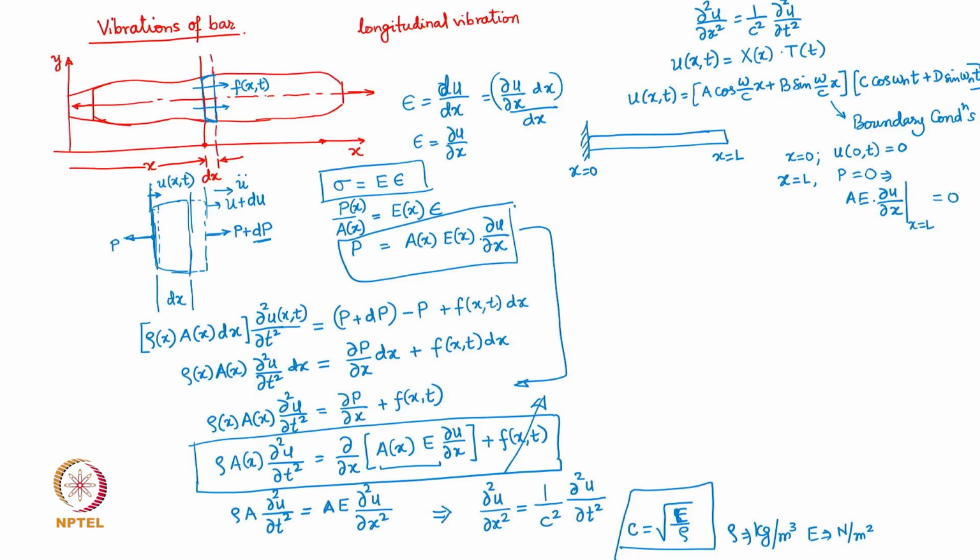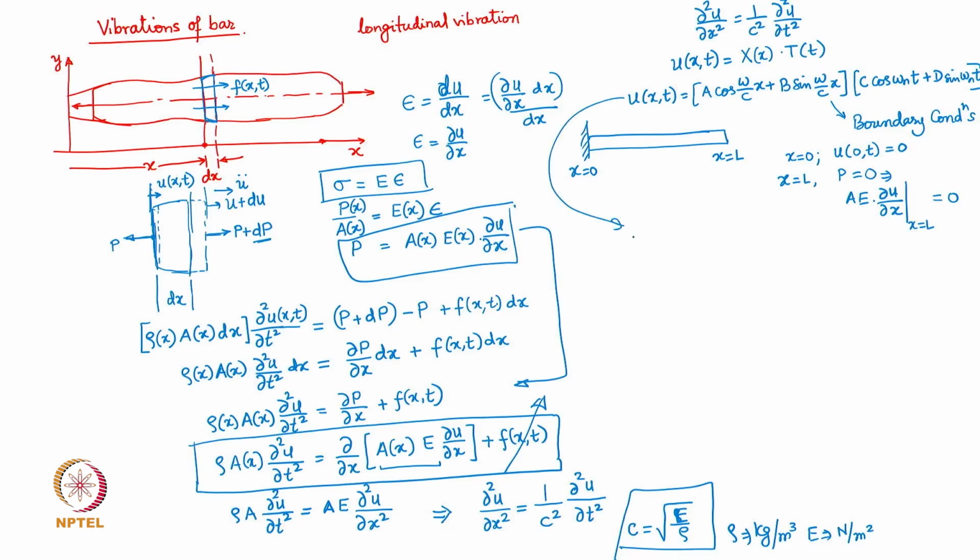Isn't it? P equal to 0 means ∂u/∂x at x equal to L is equal to 0, which of course means that the gradient of the vibratory displacement along x is equal to 0.